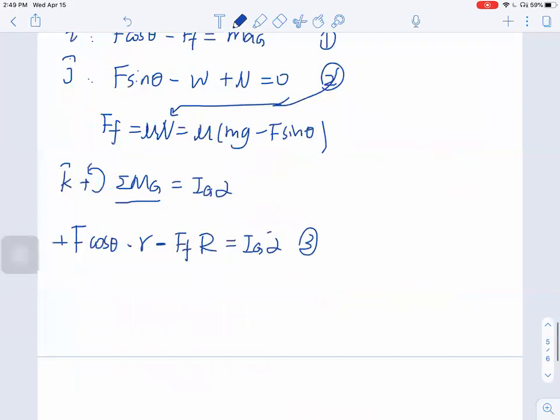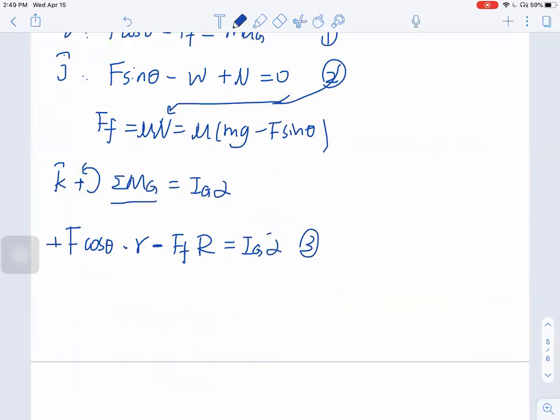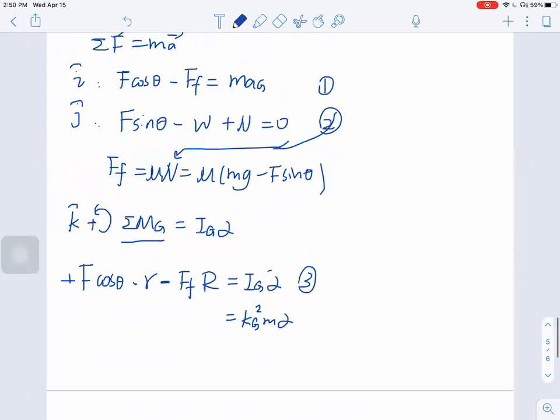So here we can rewrite this Ig alpha as m kg squared alpha. Okay, those are the three equations we find from Newton's law and Euler's law. However, we have more unknowns: the friction force, the acceleration, the normal force, and alpha. So we have more unknowns than equations.